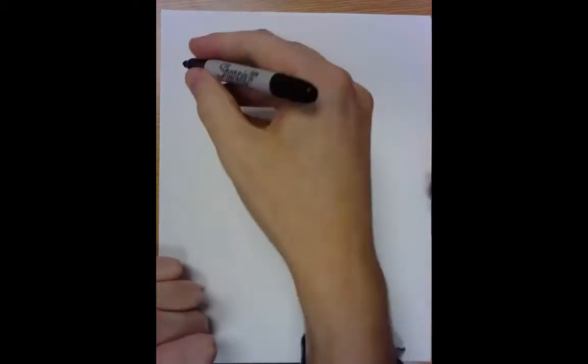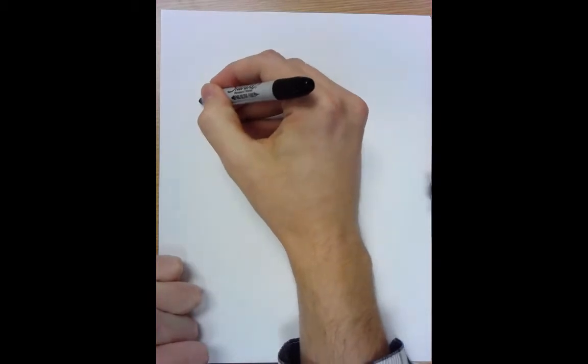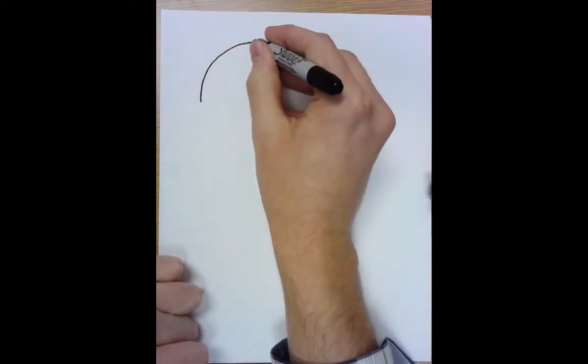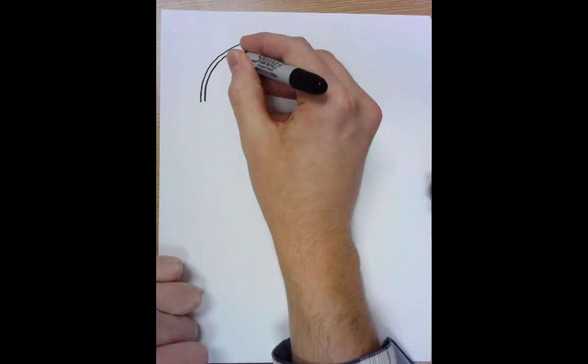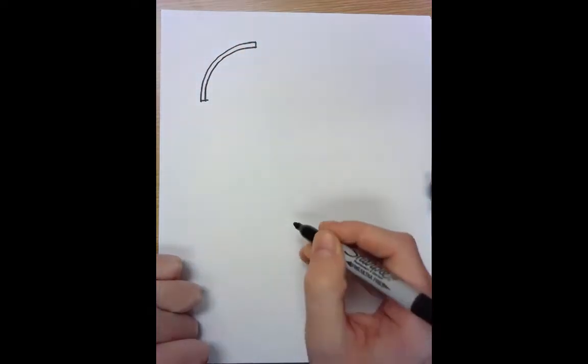Okay, so in the next 3 lectures, I'm going to go over some examples of deriving the electric field due to a number of different charge distributions. And we're going to start off with a line charge again, but this time it's going to be a line of charge bent into a quarter circle, like so.